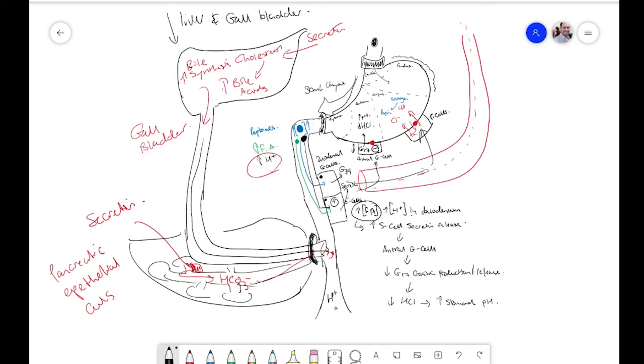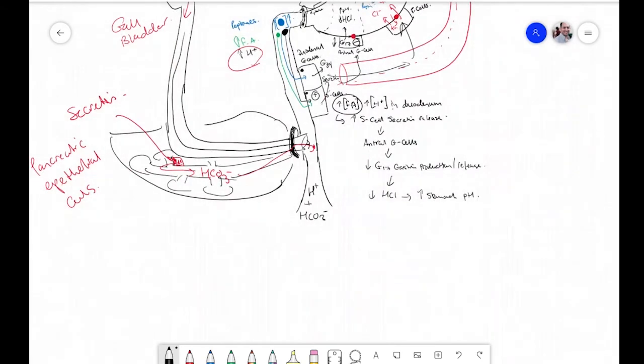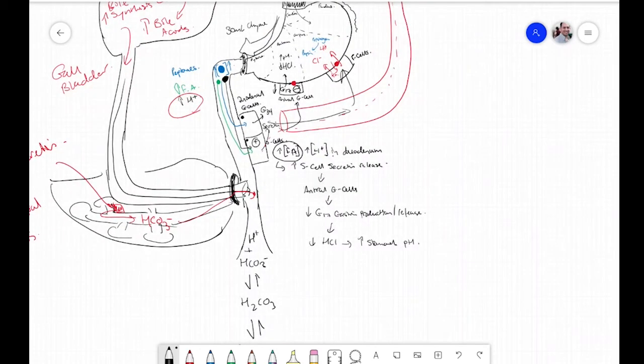H plus, HCO3 minus. And what's going to happen then? That'll enter into a reversible reaction, H2CO3, and also into a reversible reaction where it will break down to form CO2 plus H2O. Therefore, we have buffered the increase in protons. So, what else happens?